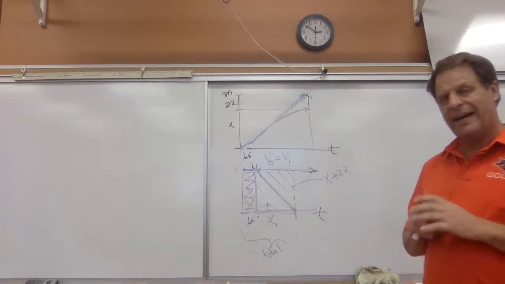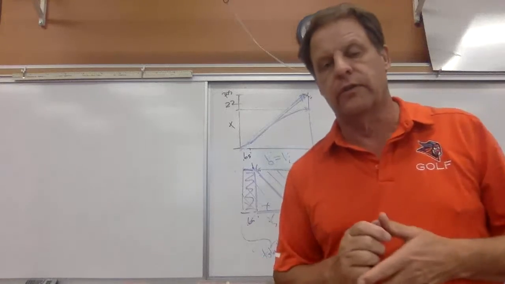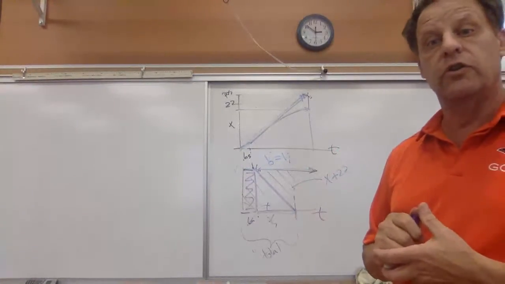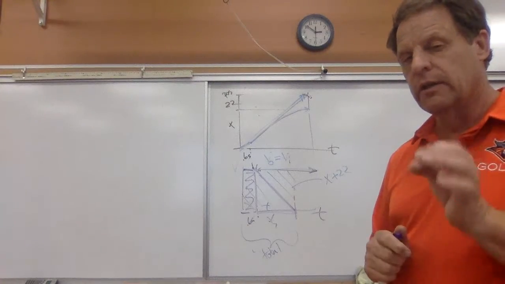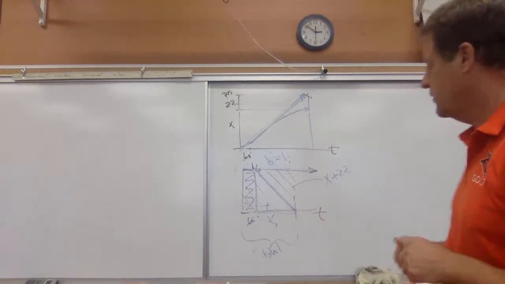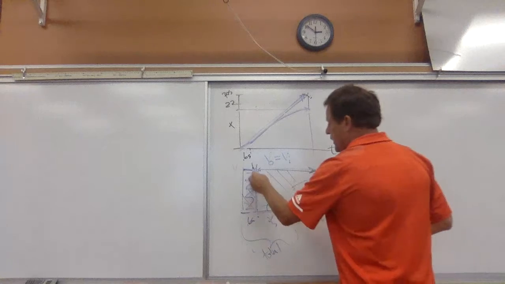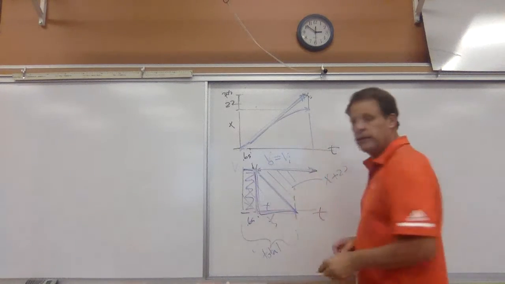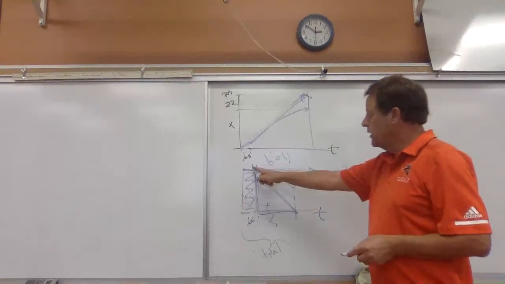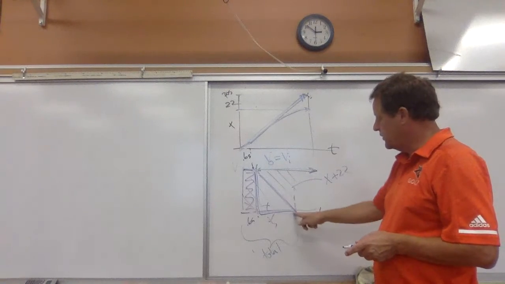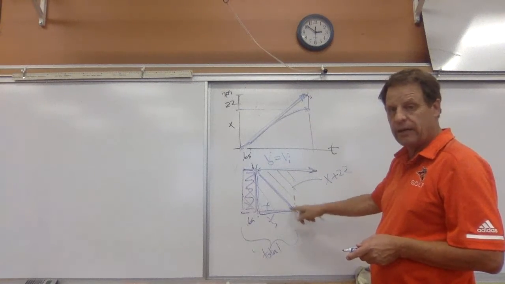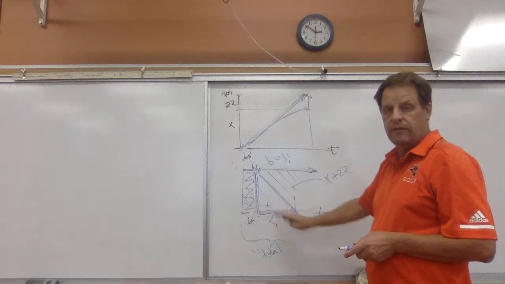I tried lots and lots of different methods to do this, and was banging my head against the wall. But what I ended up concentrating on was just this triangle right there. Now remember, that's decelerating, so on this velocity versus time graph, it's going to have a straight diagonal line, but the slope is going to be negative.